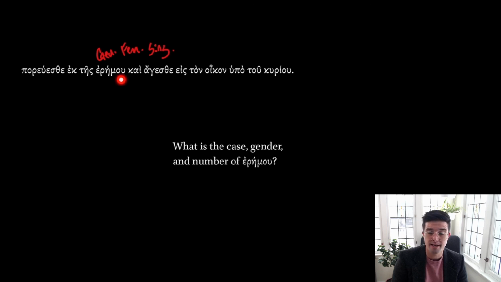So this looks like a masculine. We normally associate the u ending with the genitive of the masculine, but eremu is actually a feminine word of the second declension here. So one of those rare cases where a feminine word follows the second declension here.